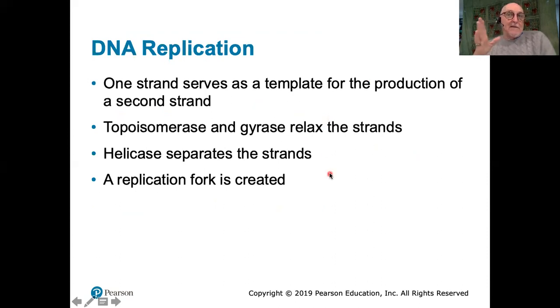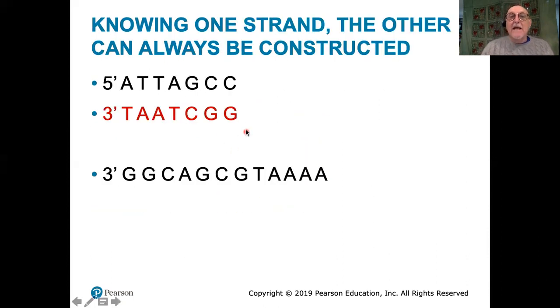And the reason that they can take place, first of all, each strand is a template for the production of the other strand. Go back here and realize, if I took away this strand here, you could recreate it from that information. Just the same way you created this strand here from that information. So each strand is a template for its partner strand.